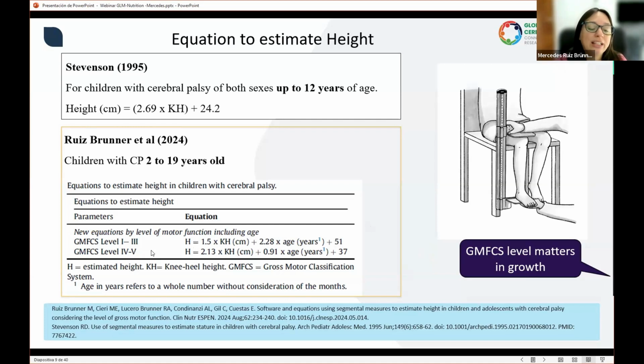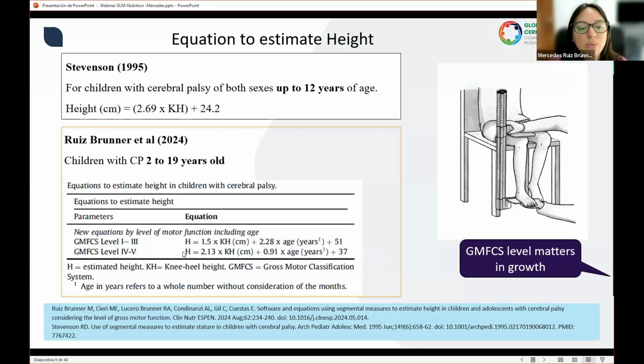And also we saw that to give more precision to the equation, we need to add age into the equation. So we put the number also of age in years. It doesn't matter the exact month, it's just to give more precision to the equation. So we put the knee height value and the age. We do this equation and it gives us the value.